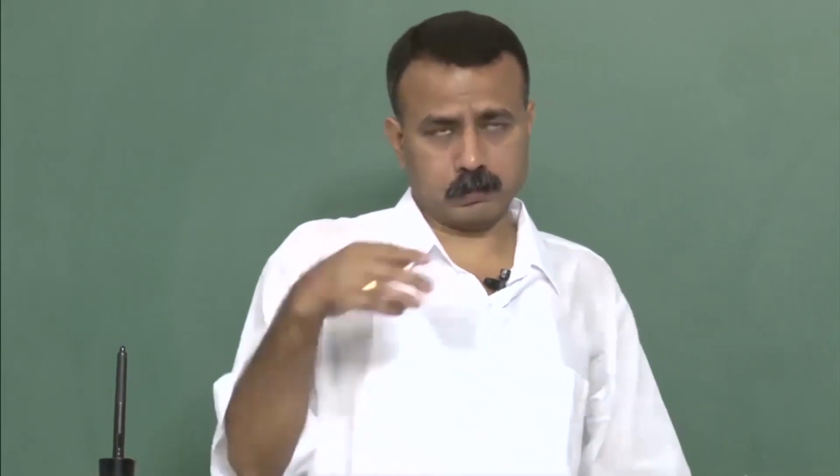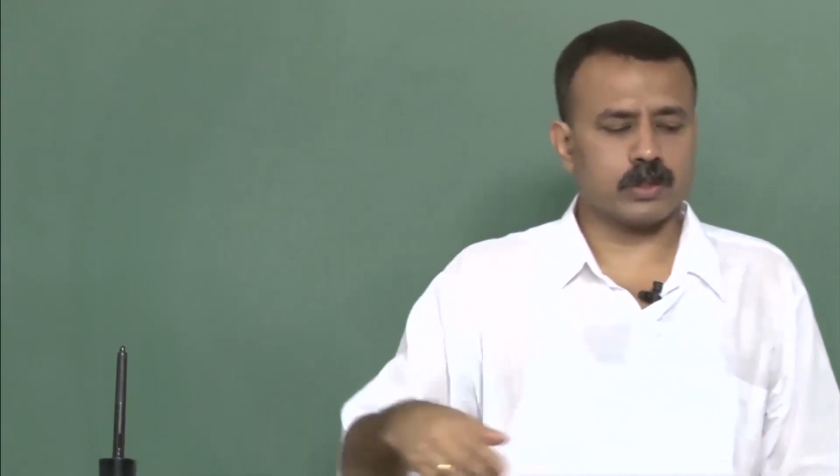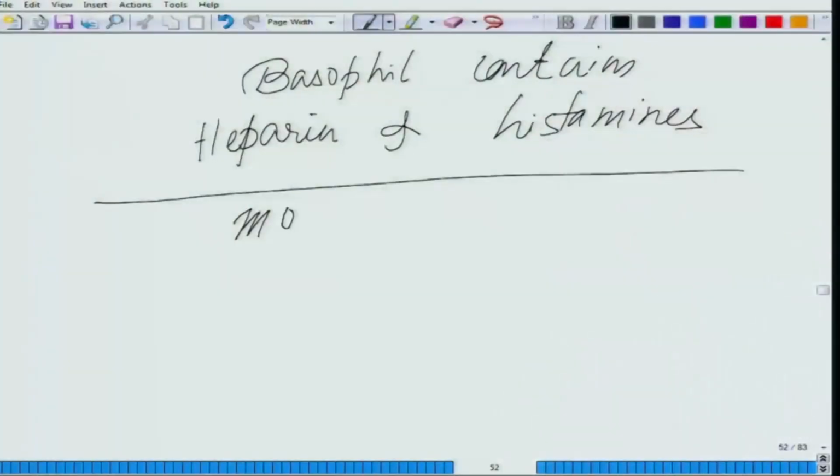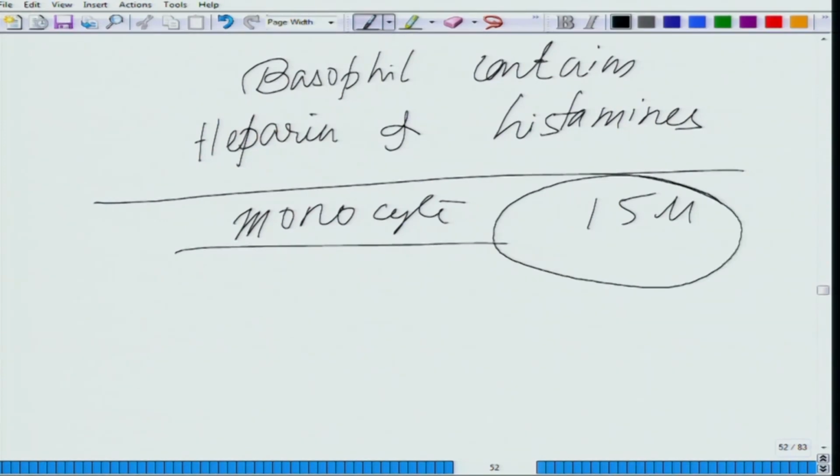From here we move on to the next one, which is called the monocytes. Monocytes are approximately 15 micron in diameter, which is essentially 2 times the diameter of RBC.